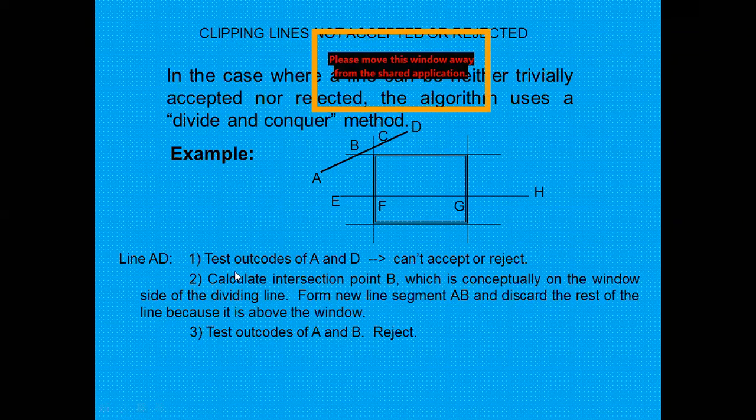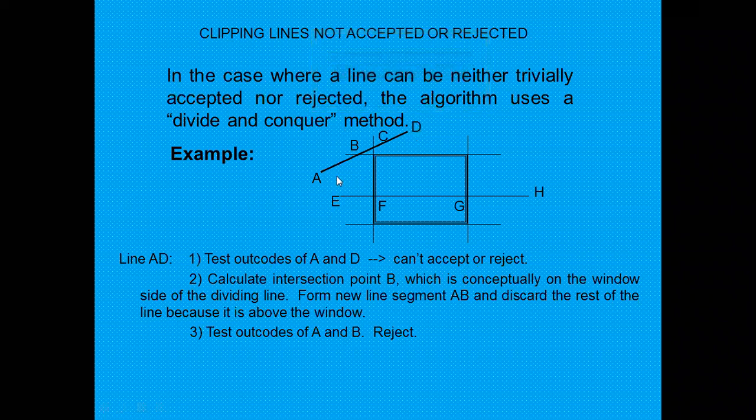We check the test outputs of A and D and can neither accept nor reject, so we cannot take the decision. In that condition, we will apply the divide and conquer method. We will consider it next time and solve one problem on this.